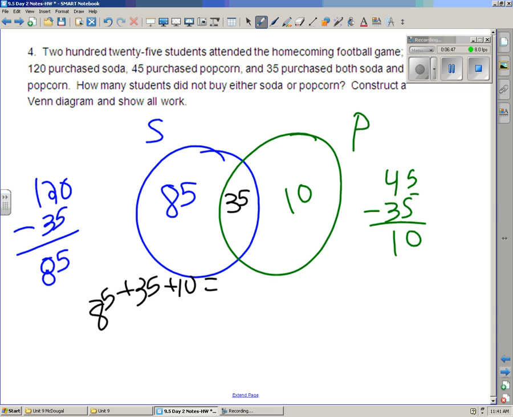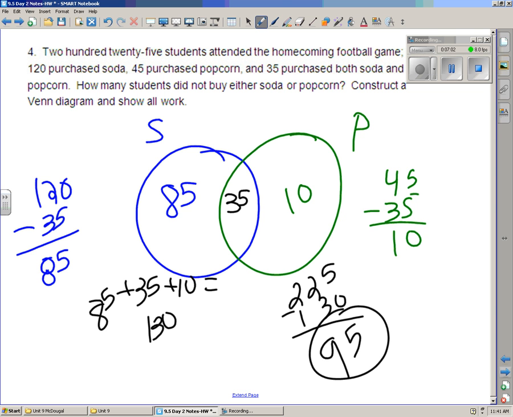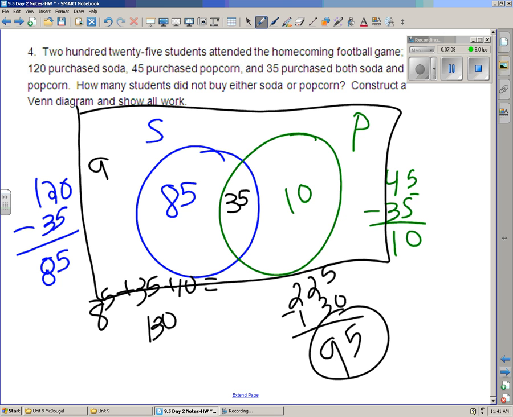And that's going to give me 130 kids. So if I now take the 225 at the game minus the 130 that purchased either soda or popcorn or both, I get 95 didn't buy either. So if I want to put a rectangle now, a little bit messy, I've got 95 not buying either.